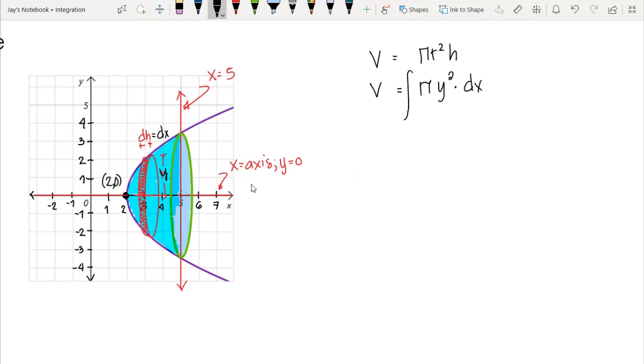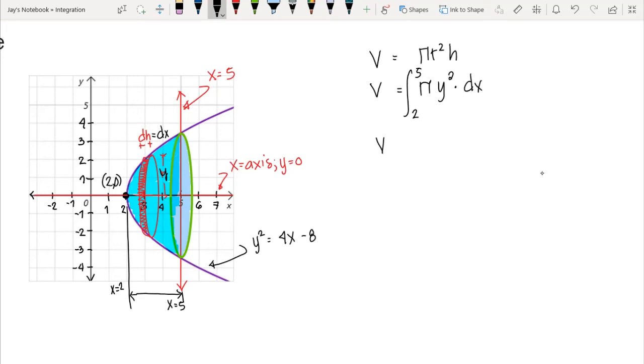Now our limit, since our disk runs from this point, let's say that is at x equals 2, up to this point here, in which we have x is equal to 5. Correct? So therefore our limit is from 2 to 5.